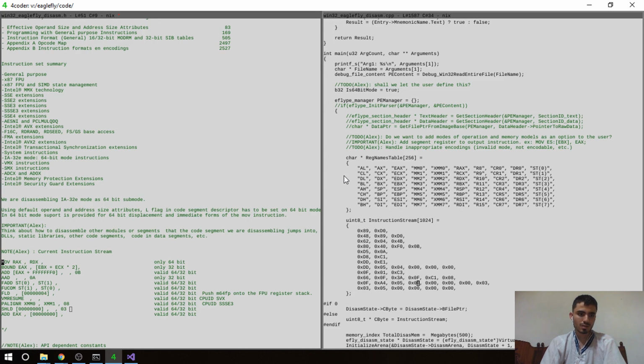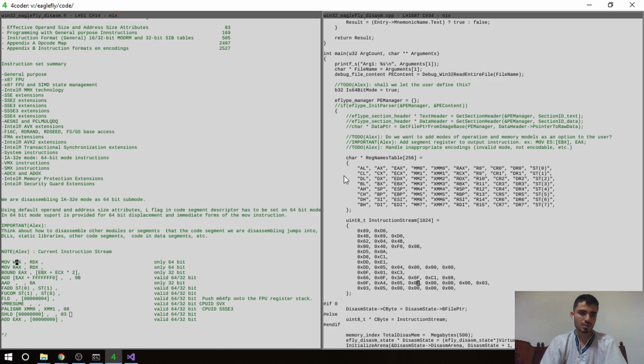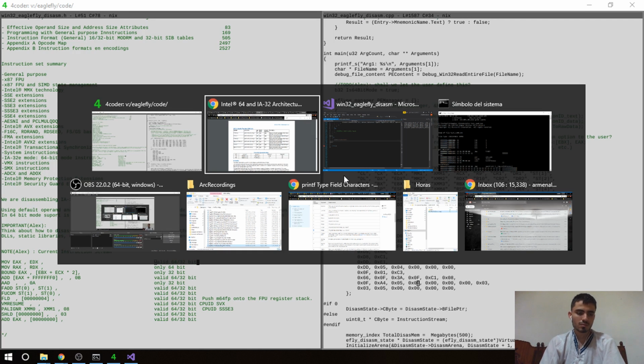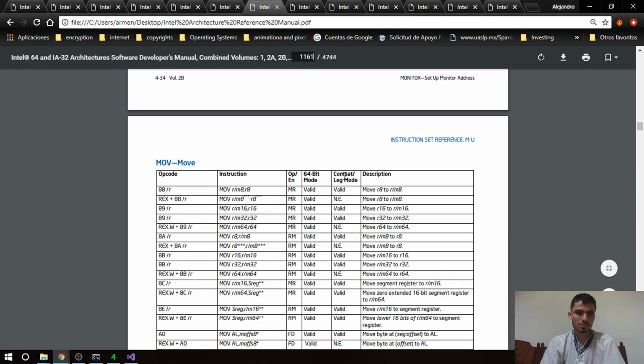We have another one here, which is move EAX, EBX, which is valid on both as well. Which is this one.